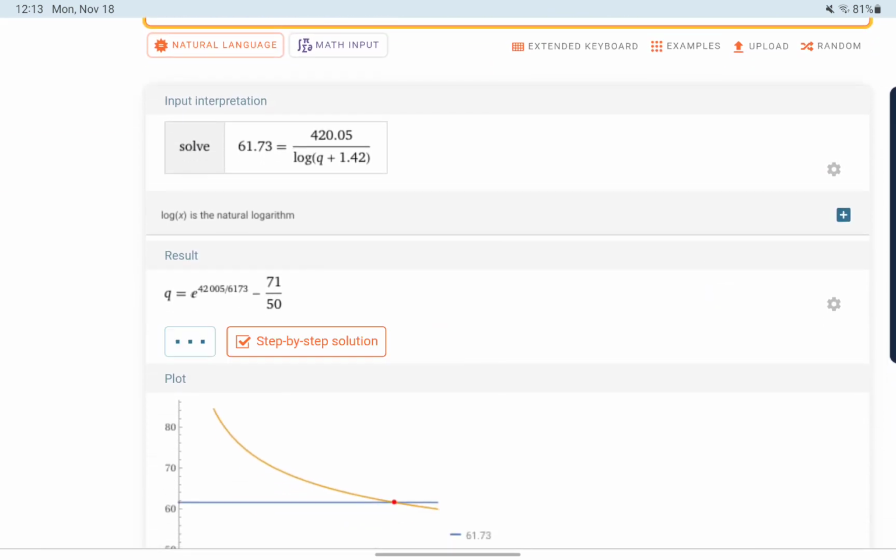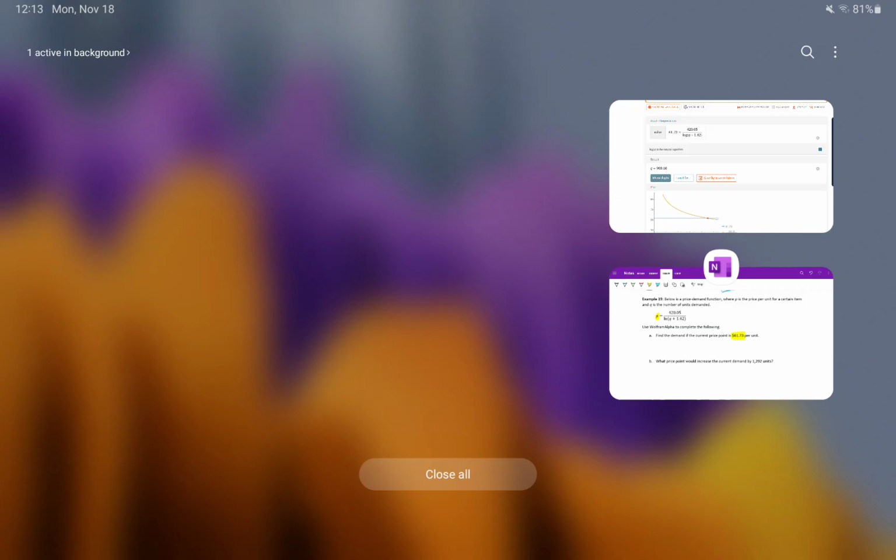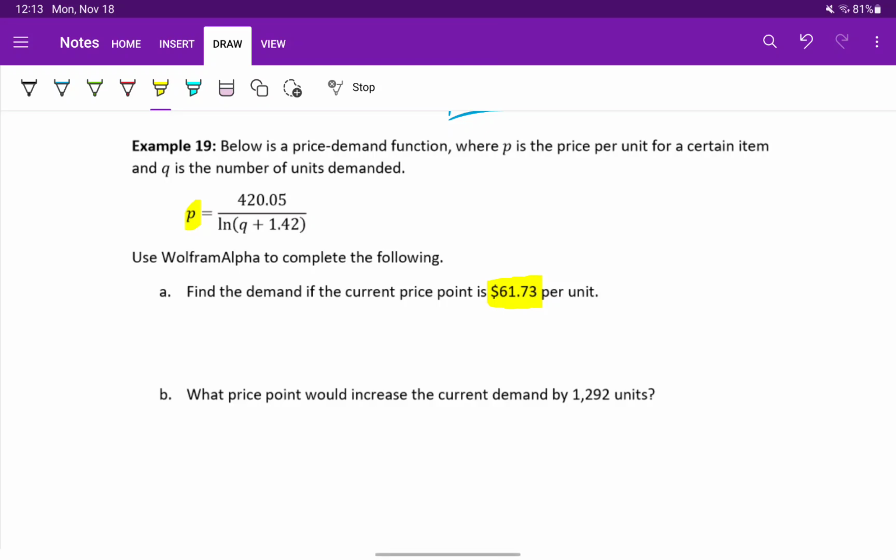And we get an exact answer, which we'll convert to an approximate, of 900.6. Since we're talking about demand, we can't have a fraction of a unit, so we'll round that up to 900 units. Or I'm sorry, 901 if we're rounding up.